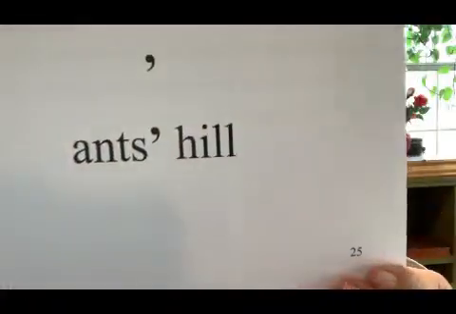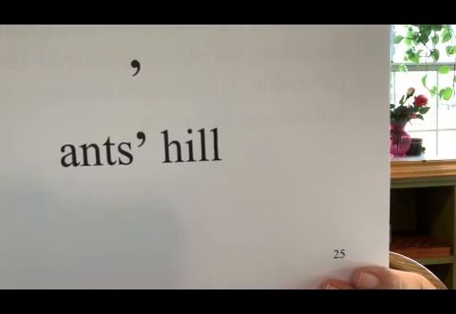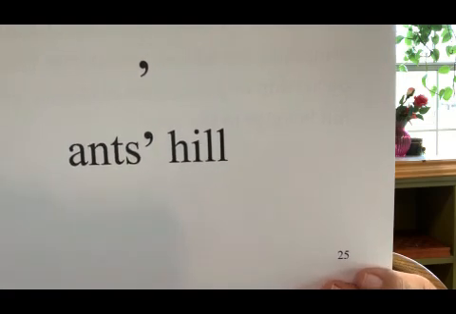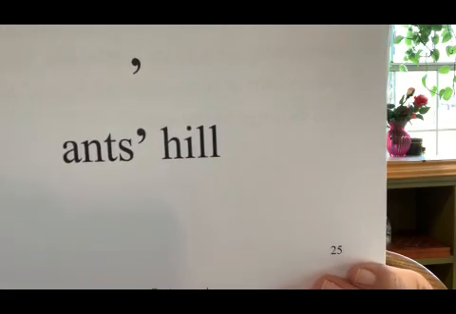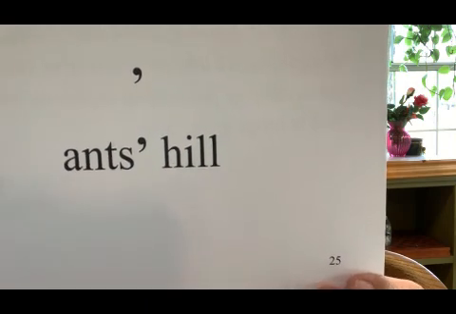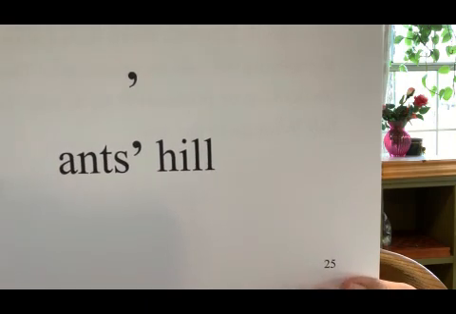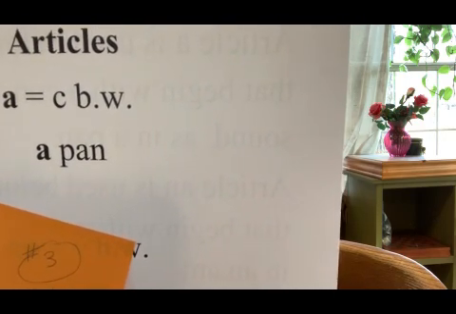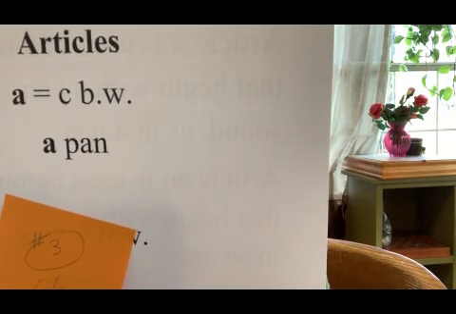When we want to show that something belongs to a plural, more than one someone or something, we add an apostrophe. This shows ownership or possession, as in ants' hill. The hill belongs to the ants. Article A is used before words that begin with a consonant, such as in a pan. Article An is used before words that begin with a vowel sound, as in an ant.